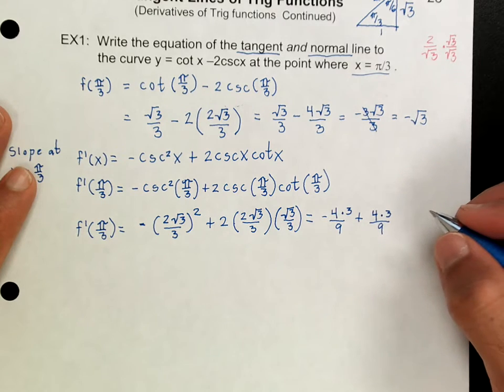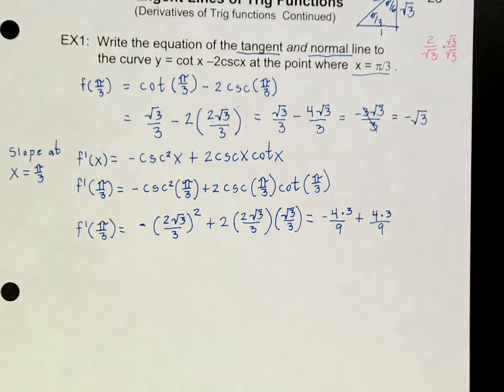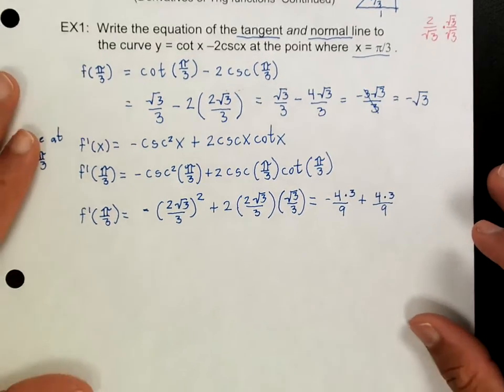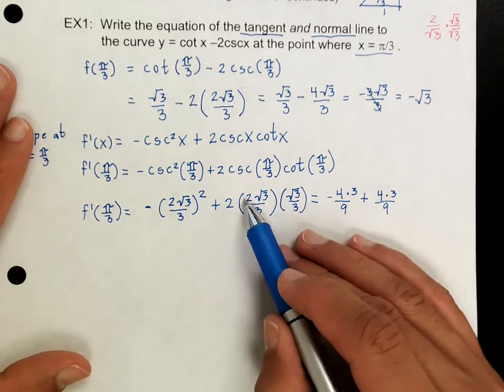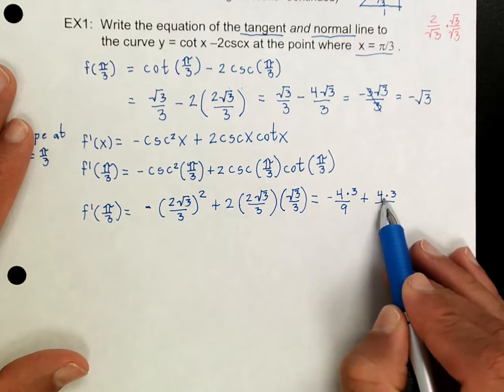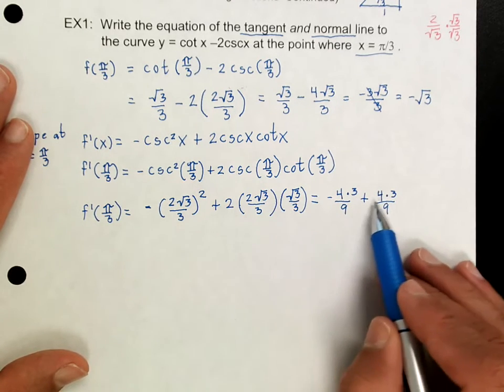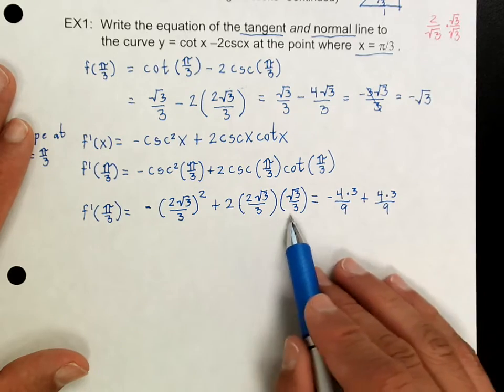How weird. Let's see, did I do that right? No, I did not. No, yeah, I did. Okay, so that's good. That's right. Notice that right here I have a 2 times 2, which gave me that 4 that you see here. The square root of 3 times the square root of 3 is 3. And then you got 3 times 3, which is 9.